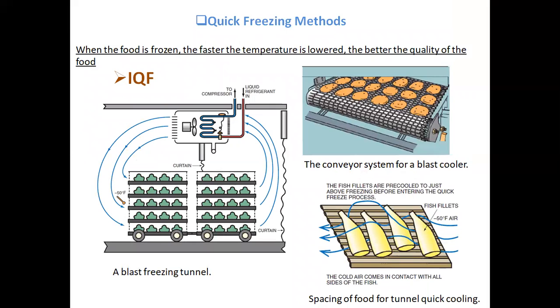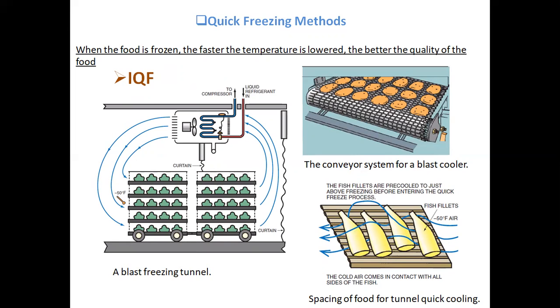So the next application of refrigeration is in the food processing industry, out of which I will explain the quick freezing method, which is quite popular nowadays as we are talking about packaged food. For packaged food or packaging, you need these quick freezing methods. When food is frozen, the one important thumb rule or principle you need to remember is that the faster the temperature is lowered, the better the quality of food, right.